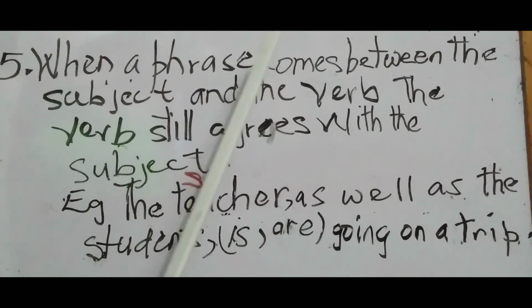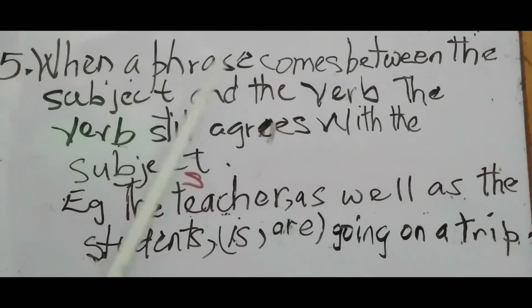When a phrase comes between the subject and the verb, the verb still agrees with the subject. And here we have an example. The teacher as well as the students. The phrase in this sentence that comes between the subject and the verb is as well as the students. So that entire part there is a phrase.